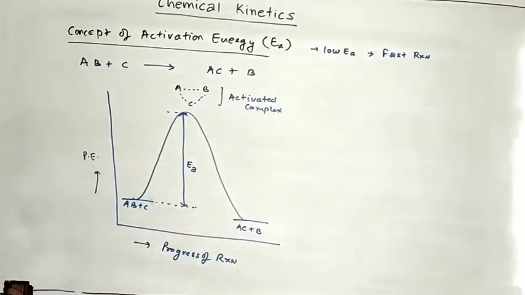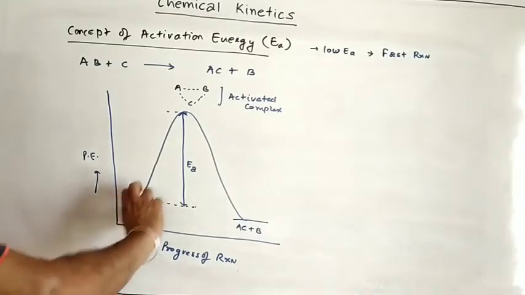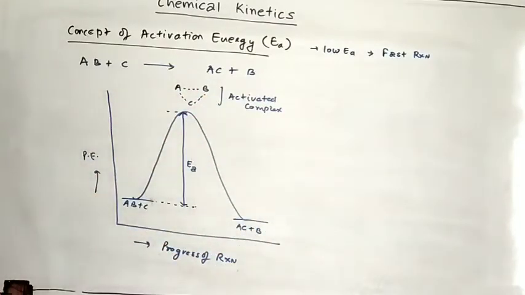So this is the activated complex which is formed here, and after that product is formed. So energy is required to make the activated complex because A, B plus C do not have a sufficient amount of energy to form an activated complex. So we must supply energy, means this reactant must cross this barrier to change into product.